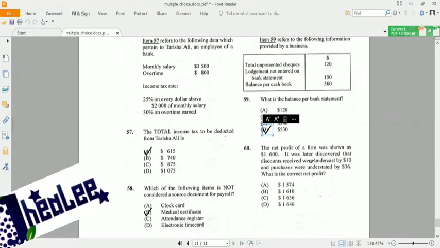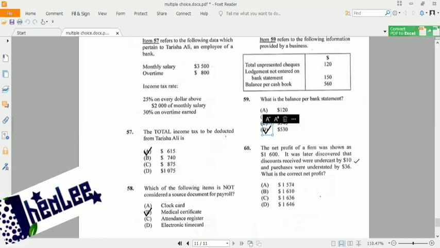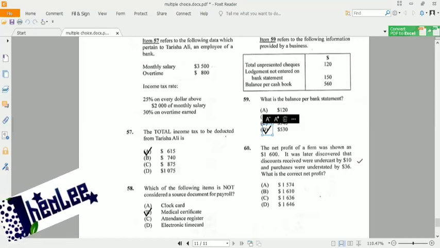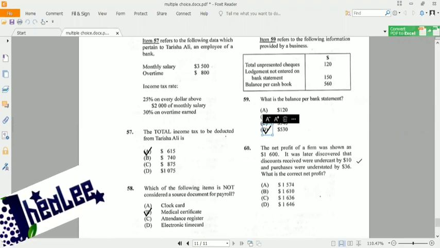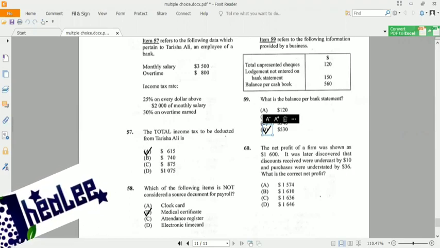Good. And the final one, the net profit of a firm was shown as 1,600. It was later discovered that discount received was undercast by $10. When the revenue is undercast, it means that you need to add back the value because that should increase the profit. And purchases were understated. If purchases is understated, it is going to increase the profit.